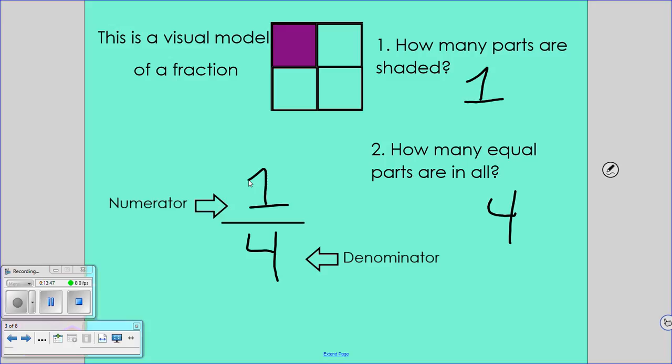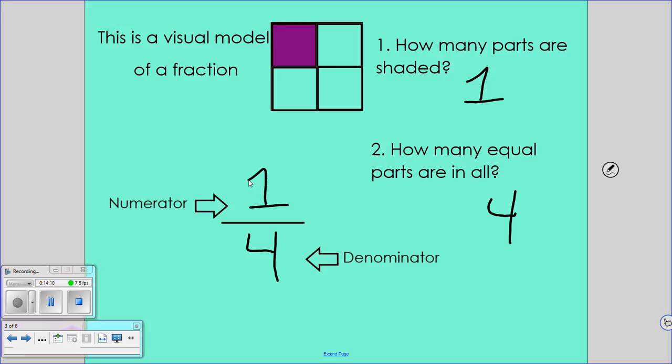Yes, ma'am. When I was looking at this box, it reminded me of a few of the questions on the math benchmark. There was a big square, but only part of it was shaded in, and I had to figure out what it was showing. I have one whole, and I've broken it into pieces.